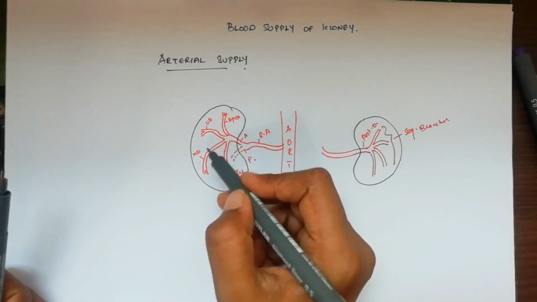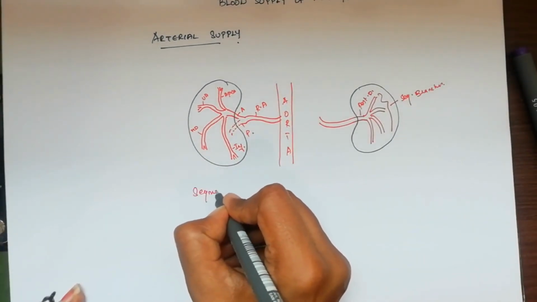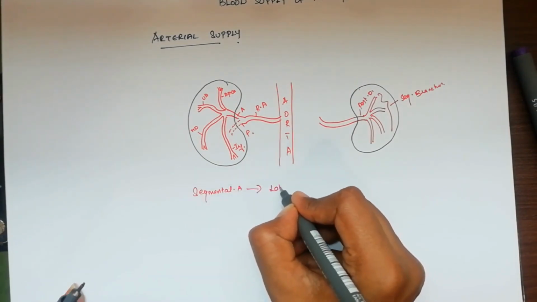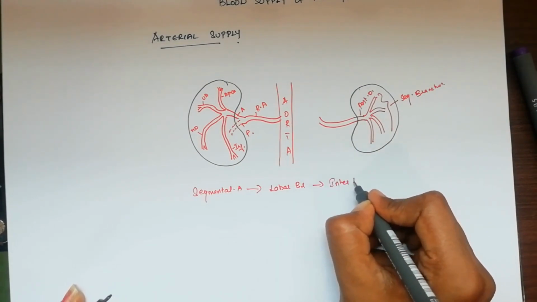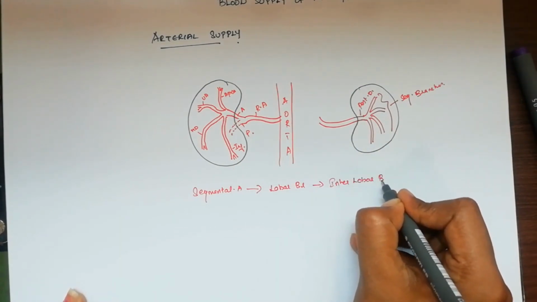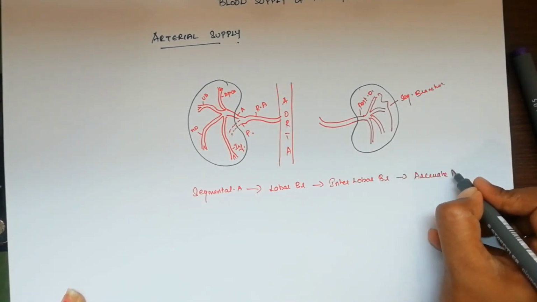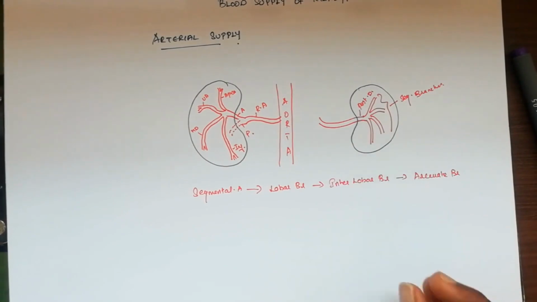In such a way, it is going to supply the whole tissue of the kidney, anterior aspect and posterior aspect. The segmental artery is going to give some lobar branches, and these lobar branches are going to give interlobar branches. At last it forms arcuate branches, which give smaller branches to supply each lobe and lobule of the kidney.